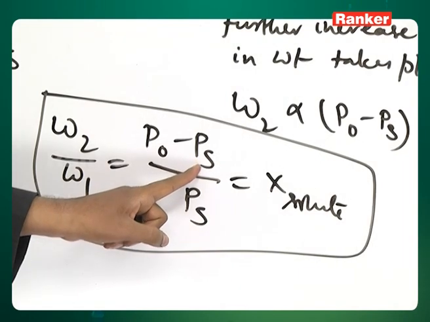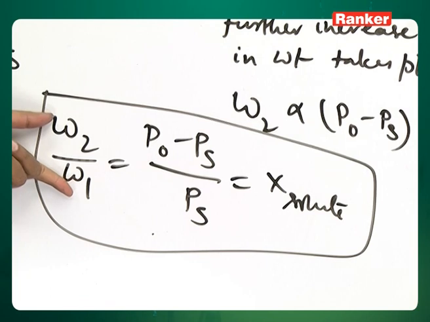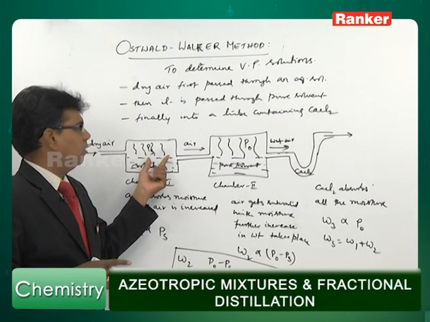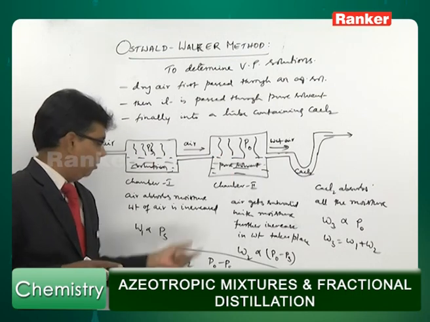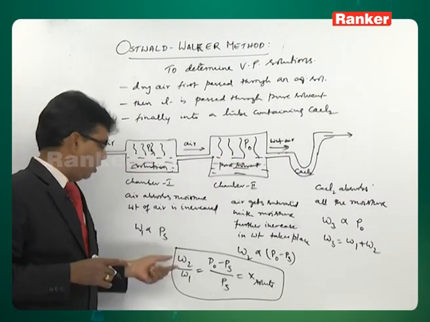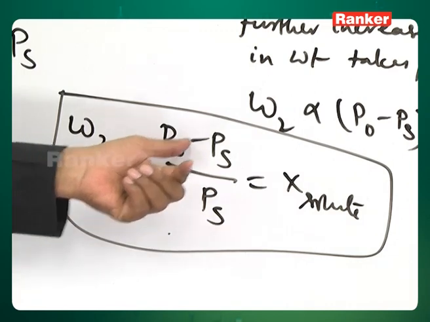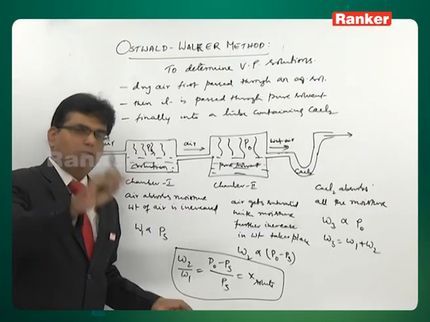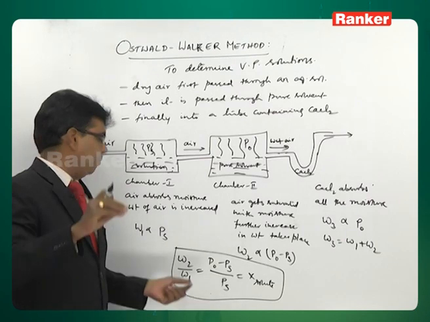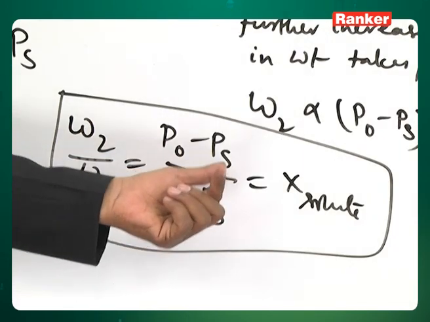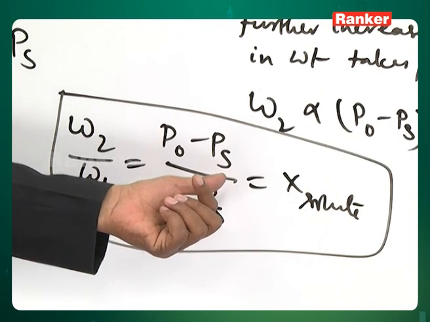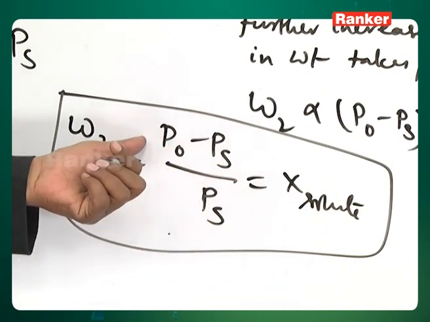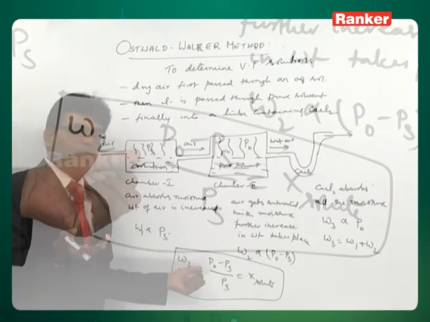The ratio of the increase in weights of the air in the two chambers of pure solvent and solution, W2 by W1, is given by P naught minus Ps by Ps. So, for a given certain amount of solute when you add it, you can find the corresponding decrease in vapor pressure, or finally Ps, because P naught is already a known value for all solvents.